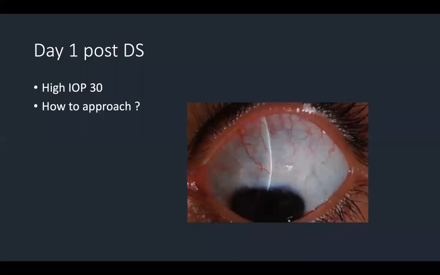What would you do? Would you like to ask anything about the patient? I would ask if the patient has significant pain. Okay, it's important to know her condition, her baseline disc evaluation.